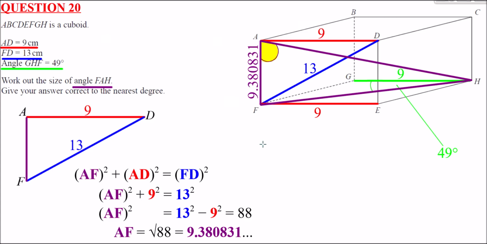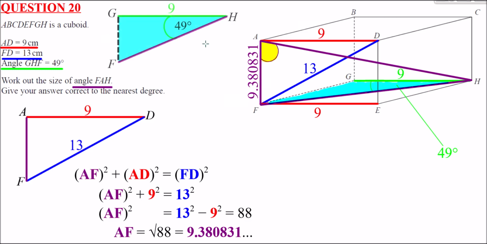Next, focusing on this base triangle, we could then think about finding FH. So I know one side of this purple triangle. If I can find a second, I can then use SOHCAHTOA to find the actual angle in question. But looking at this blue triangle at the bottom, FGH, if I just draw this out here, I can now think about how to find from F to H. It's a right angled triangle.